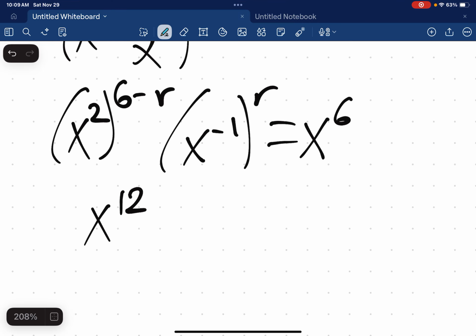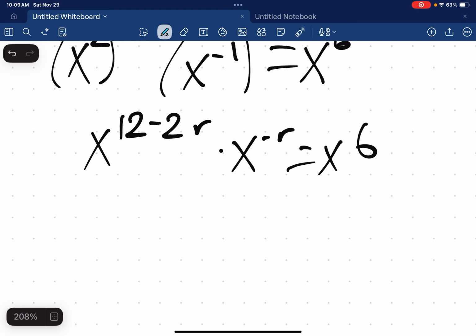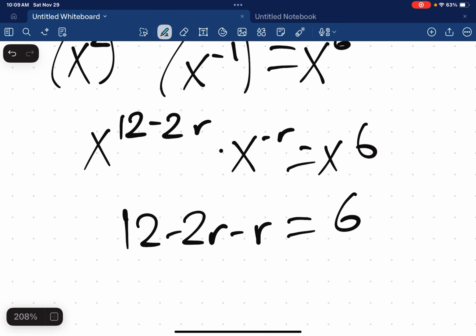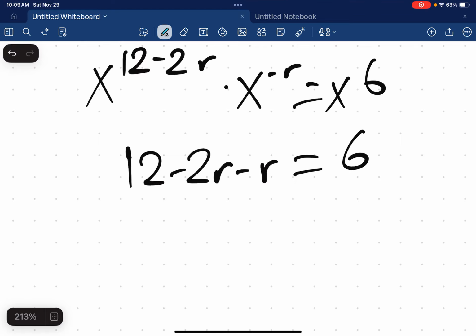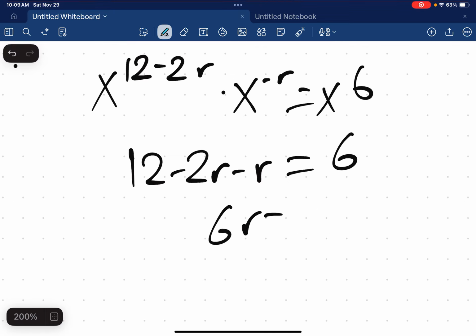That gives us x to the 12 minus 2r times x to the negative r equals x to the 6. We're multiplying exponents, we just add them together. This means r is equal to 2. That is not what I meant to write. R equals 2.